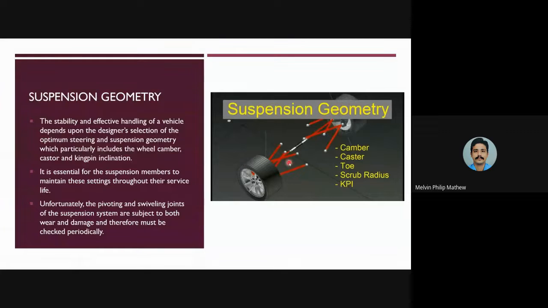And these irregularities in the road can stress or generate undesirable loads on the chassis or various components inside the vehicle, especially the wheels. The wheels are in complete contact with the road surface or the ground, and the rest is mounted onto the chassis, which is connected to the four wheels of the vehicle.